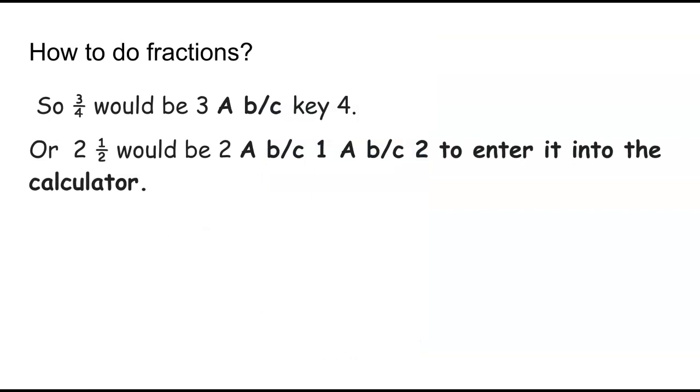Okay, how to do fractions. So 3/4, you would do 3, ABC key, 4. You could do that on your calculator now. Or 2 1/2 would be 2, ABC, 1, ABC, 2 to enter it into the calculator.